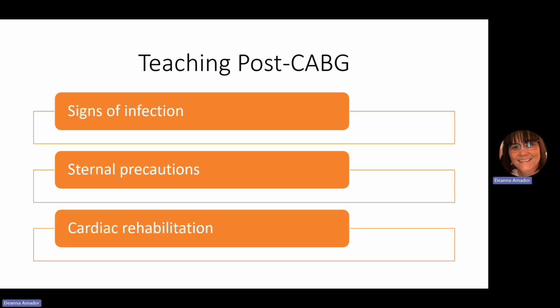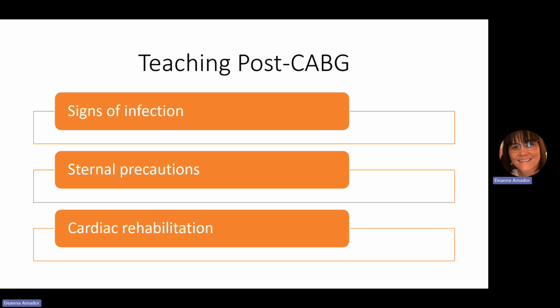Cardiac rehab starts pretty much right after discharge from the hospital. They don't wait around on that. Typically, within a week, they're going to cardiac rehab. So they do lots of counseling on exercise and physical activity and diet, education, weight management, things like that.